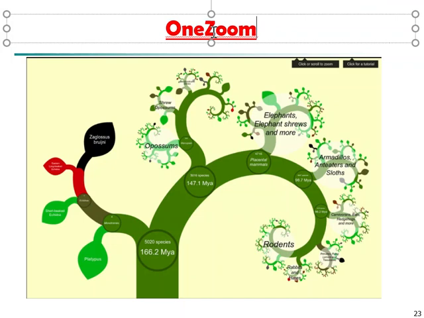You can click on the link and get into the website. OneZoom shows the entire tree of life and how species evolved over time. Here the branches indicate the years from the very beginning to more recent days.